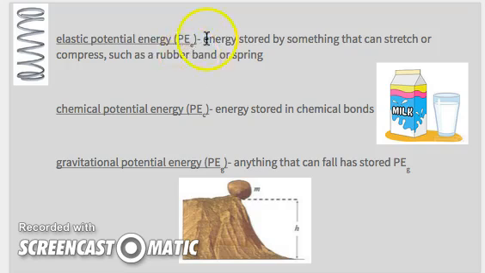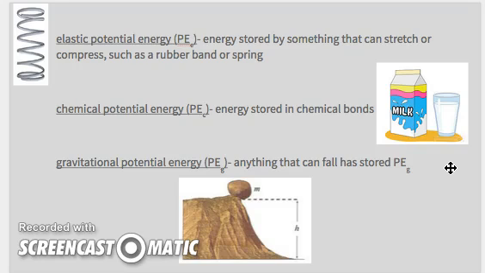And we have these little letters that help us signify what potential energy is. So PE is potential energy, and this little e down here is for elastic potential. Next one we have, chemical potential energy. Chemical potential energy is PE with a little c down here, and this is energy stored in chemical bonds. There's an example of the picture of the milk in the glass here. Right now the milk in the glass has a certain amount of calories in it, but those calories haven't been released, not until somebody drinks that glass of milk.